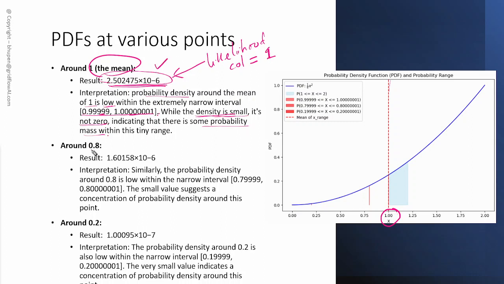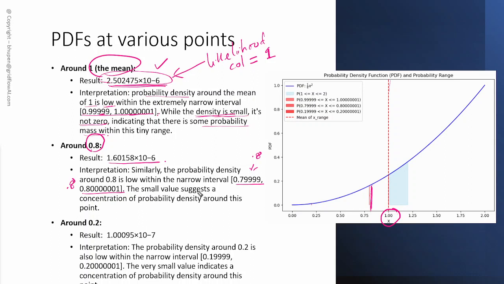Let's look at another point, which is 0.8, which is about this red line here. Okay, this red line that you see here, that's 0.8. Now, what's the probability density? I got this probability density by using the range 0.799, which is also close to 0.8, and then 0.8001. This is also close to 0.8.